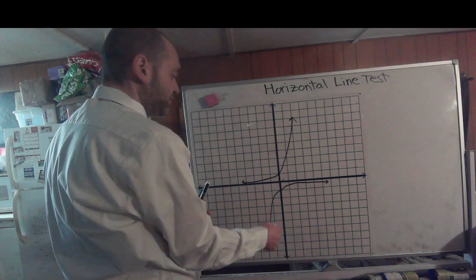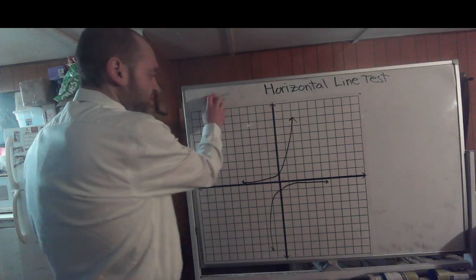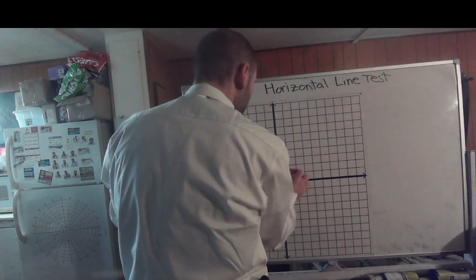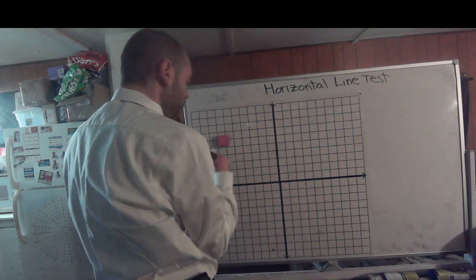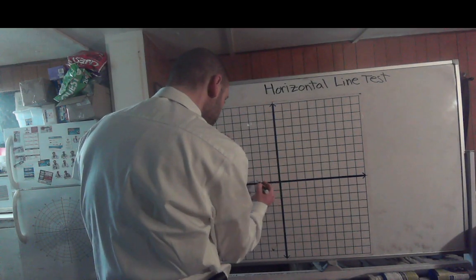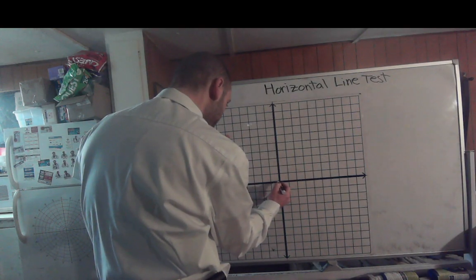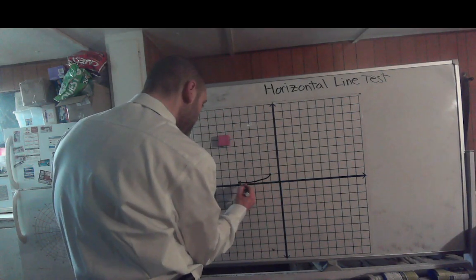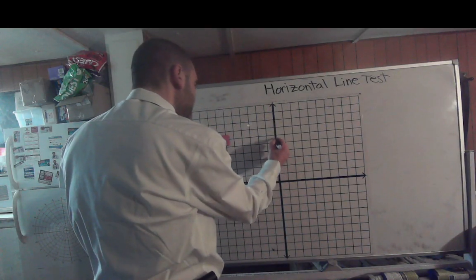Well, if we did the vertical line test, it wouldn't pass. So that's probably a bad example. I was just kind of making that one up. Actually, I could do a rational function. Let's just make this better. I had it all shifted.